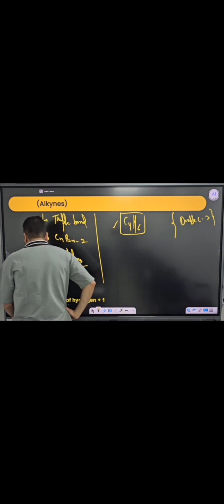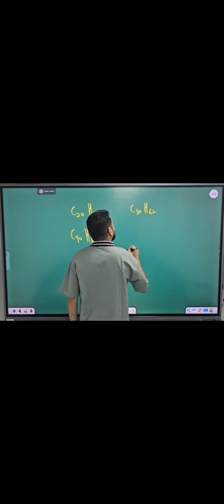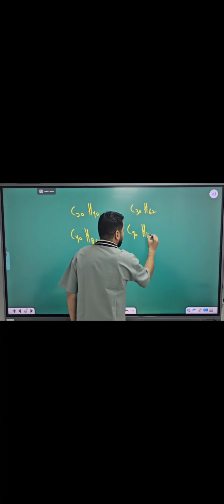Now before I make you clear this in a detailed manner, can you answer a few of the questions? For example, if I am writing C20H40, for example C40H80, for example C30H62, C90H180.